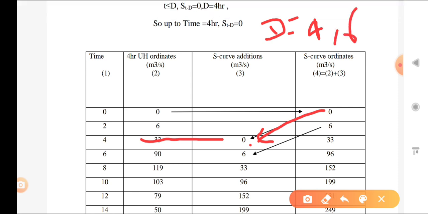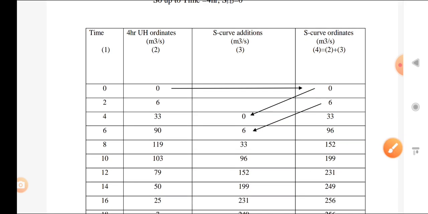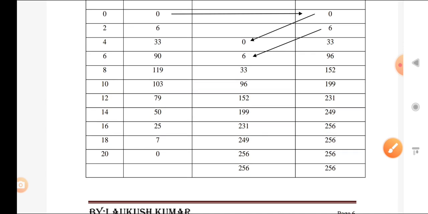Now we take the addition: 6 plus 0 is 6, then 33 plus 0 is 33. Now again 6 goes down, so 90 plus 6 is 96, and like that you can fill the table. That is how we are finding the S curve.